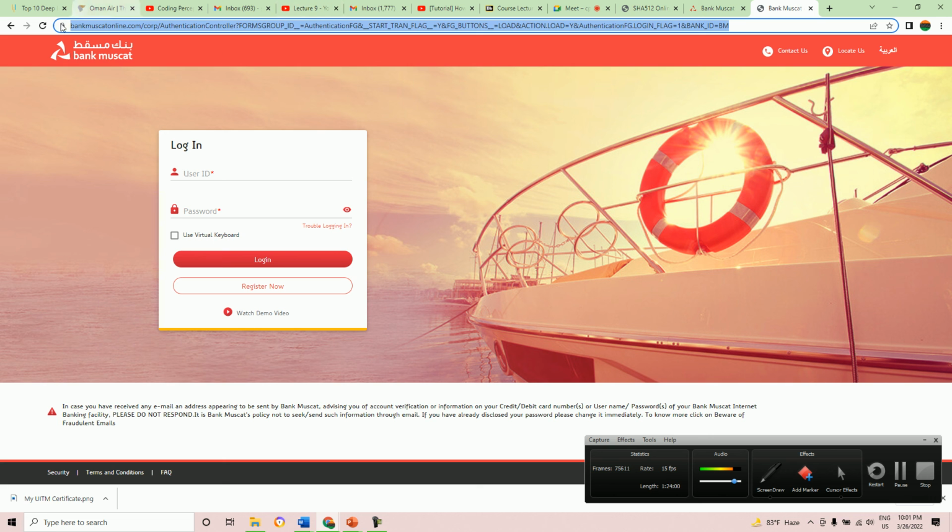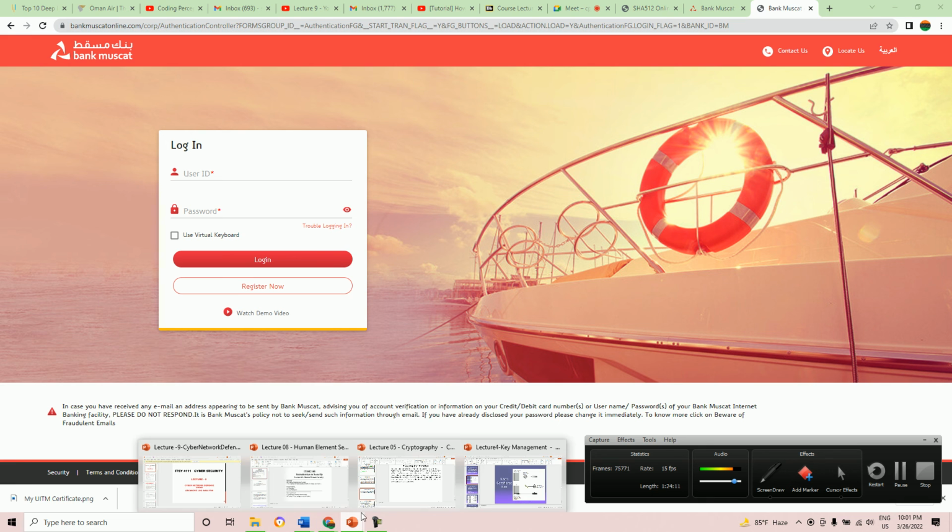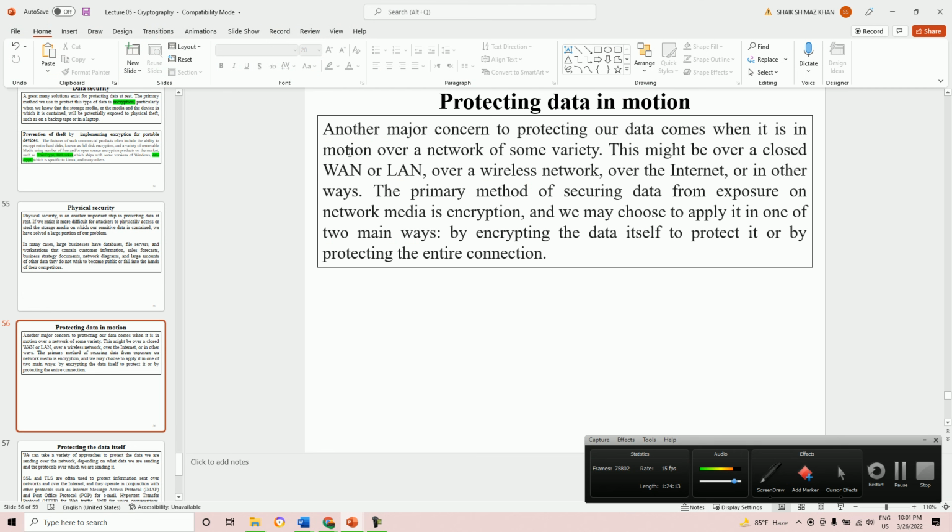There are some protocols used that take care of encryption, decryption, hashing, etc. So another major concern is protecting our data when it is in motion over a network of some variety, which might be a closed WAN, a wireless network, or the internet.